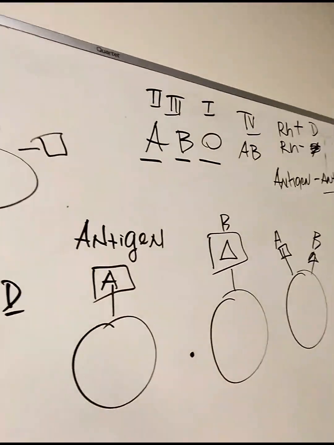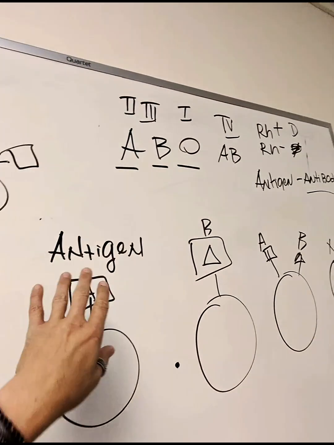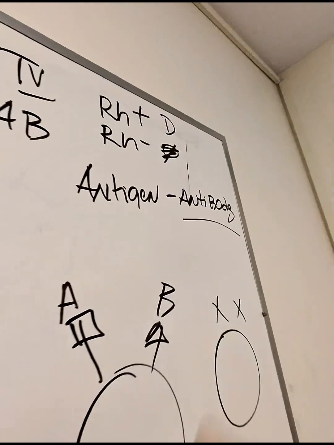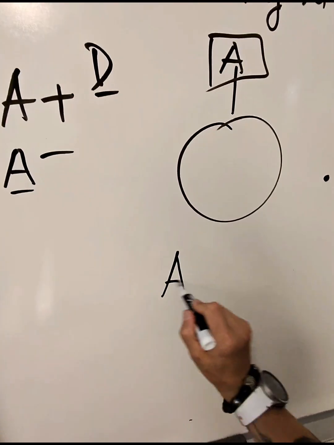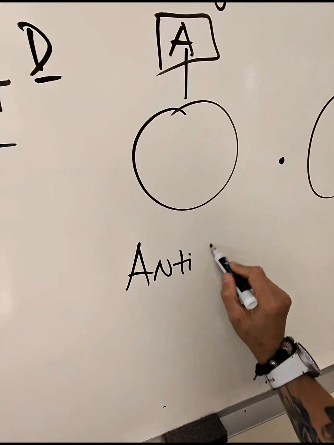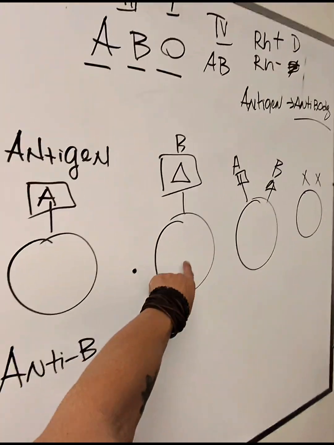An antigen is the substance that can generate the production of antibody. With blood type A, you have something called anti-B, which is against the B blood.